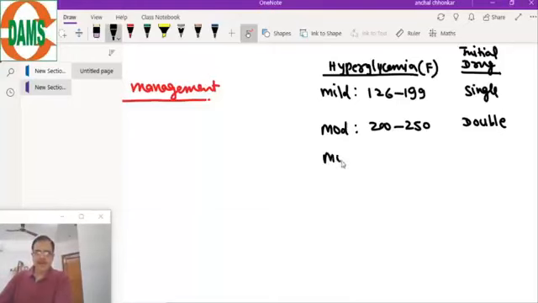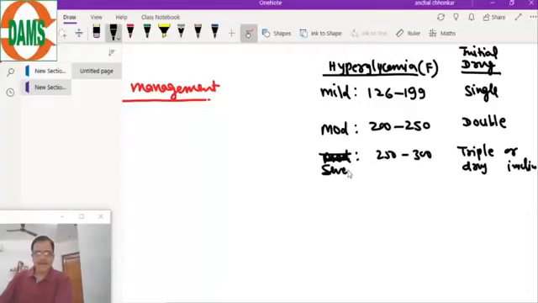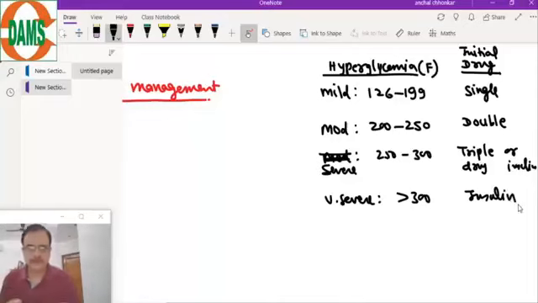If it is 250 to 300, then we can use triple drugs or insulin. But if it is very severe, more than 300 fasting, then insulin has to be started.